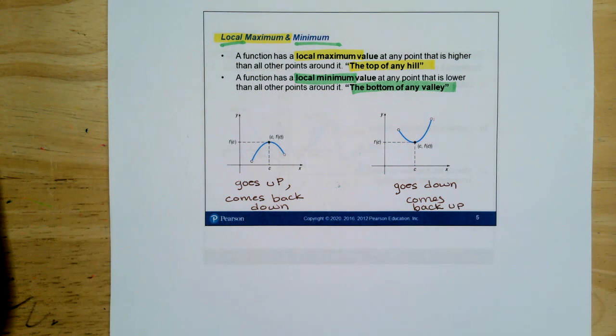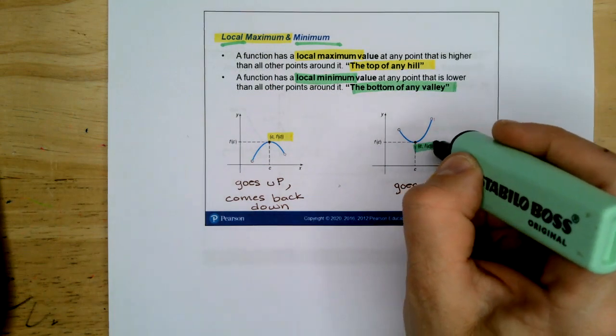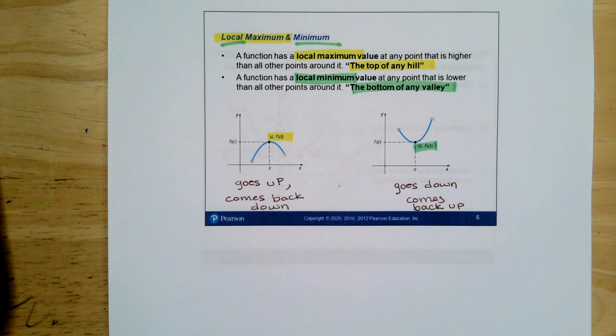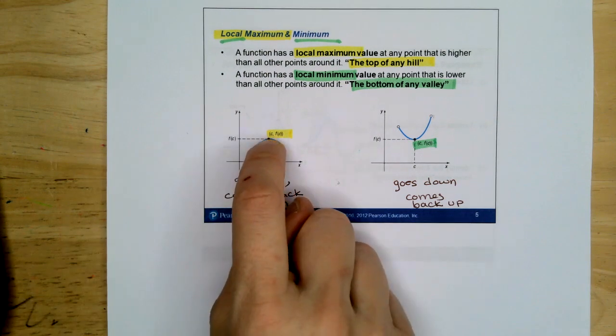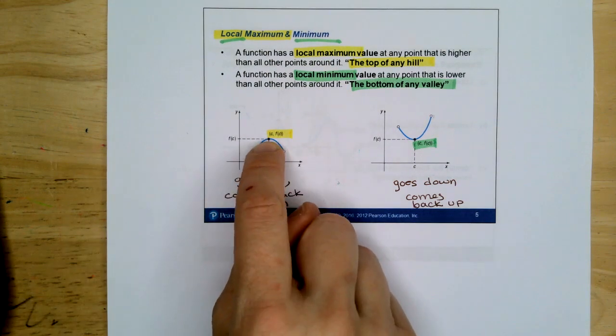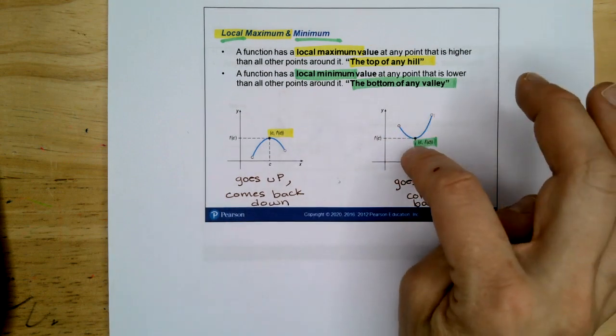Okay? When we are talking about the local maximum, it is (c, f(c)). That is our local maximum. Our local minimum is (c, f(c)). Okay, that is the x, y value that is highest. We went up, we came back down, but that was the highest point. We went down, we came back up, but that was the lowest point.